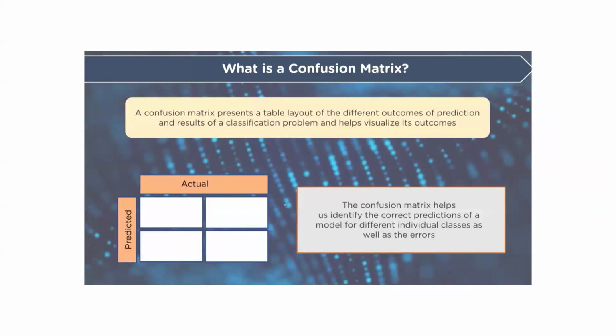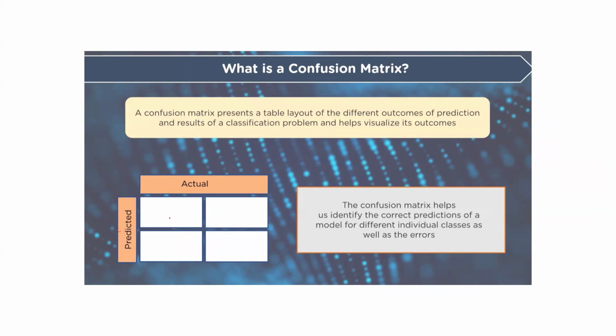So this is the confusion matrix. It presents a table layout of the different outcomes of predicted results of a classification problem and helps visualize its outcome.